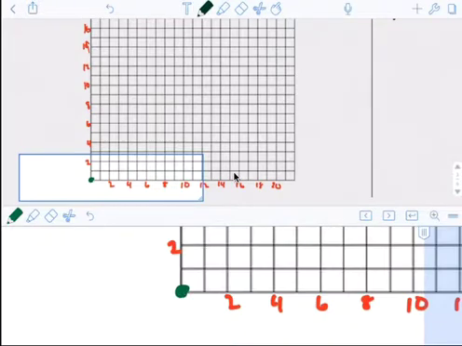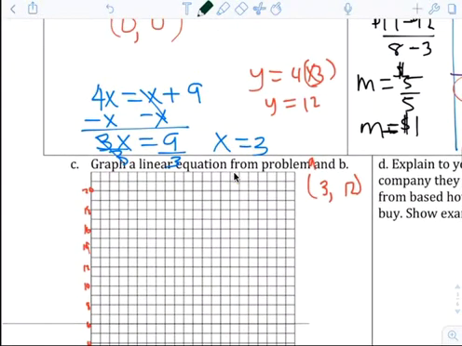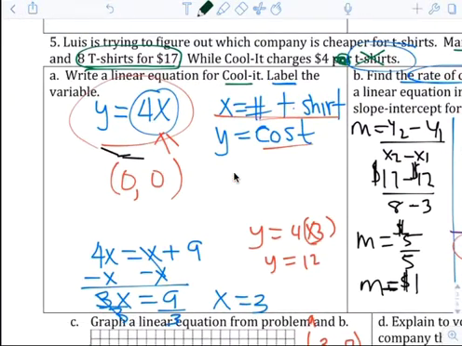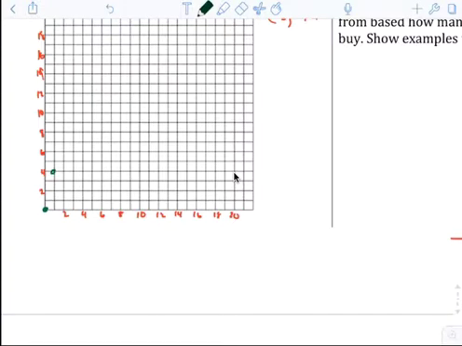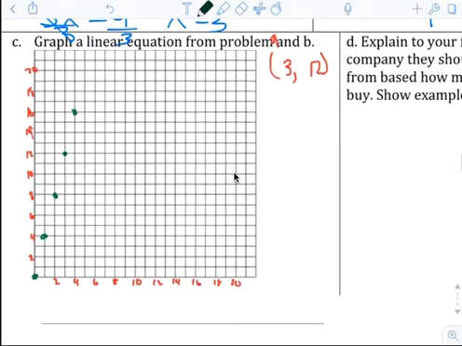And then you go up 4 over 1, 4 over 1. And you keep doing that.